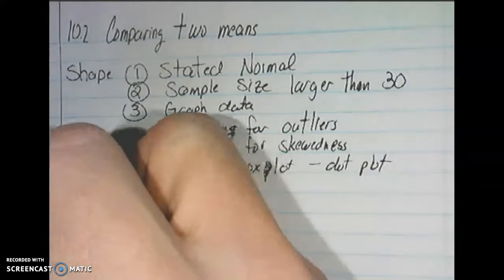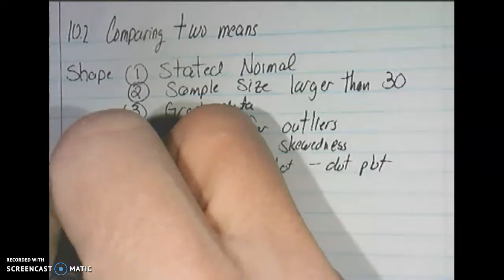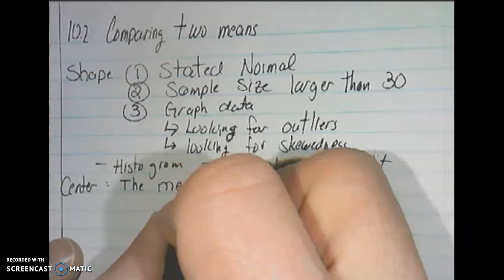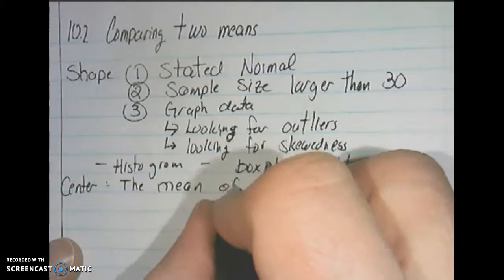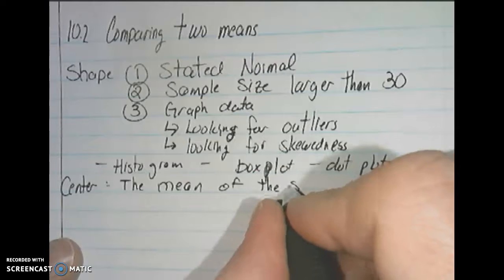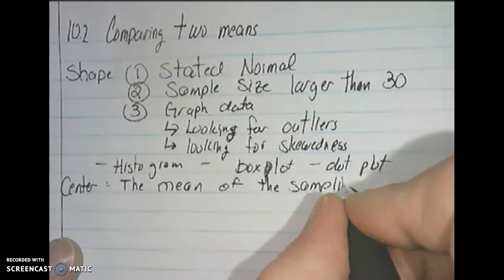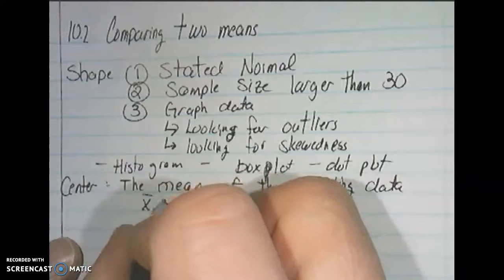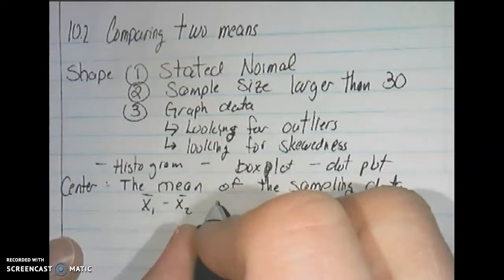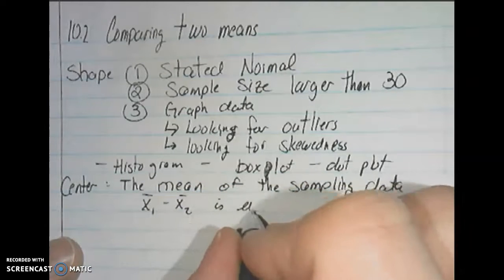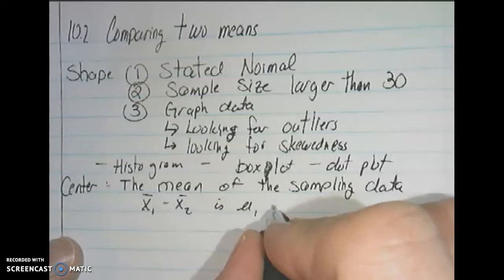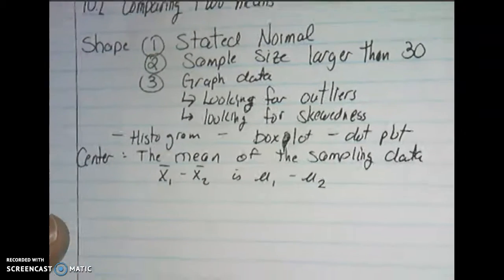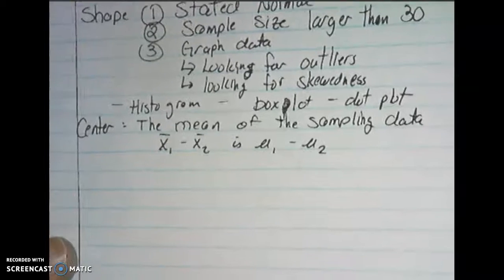Then we have our center. The center, of course, is the mean of the sampling data. We have x bar 1 minus x bar 2 is the mean of 1 minus the mean of 2, or our second data. Okay.